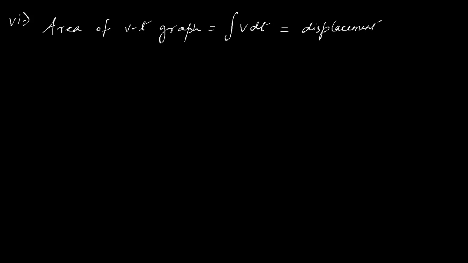And lastly, let us go to the acceleration time graph. Okay, we have done position time, we have done velocity time. Now number 3, this is the acceleration time graph.